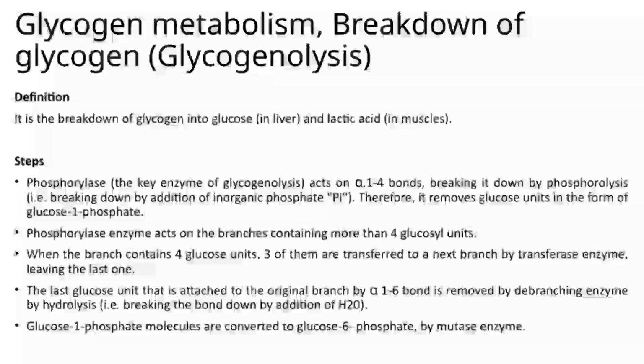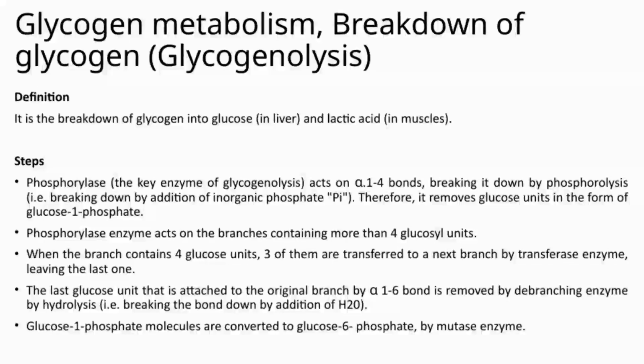This is where the debranching enzyme comes in. It hydrolyzes that alpha-1,6 bond, breaking it down with water, and frees the remaining glucose unit. This process ensures that glycogen breakdown is efficient and continuous. Finally, the glucose 1-phosphate molecules produced are converted into glucose 6-phosphate by the enzyme mutase.